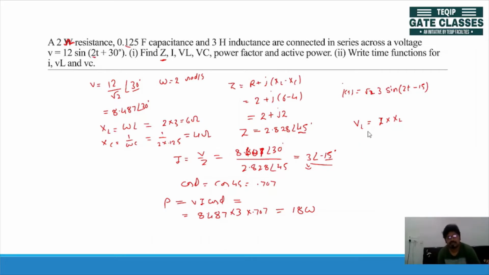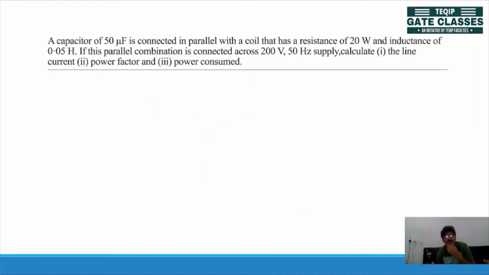That way you can get your VL. Okay, and VC will be equal to I and XC. So that way you will deal with this complex and polar form. Okay, that is series and parallel circuits.